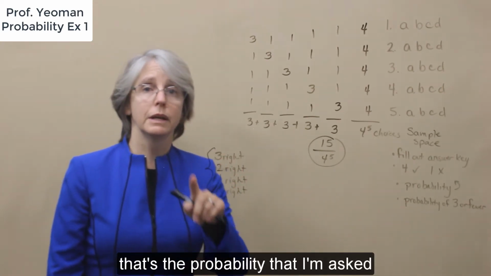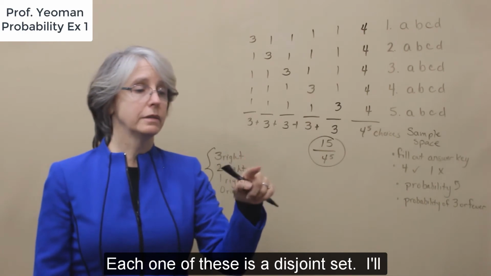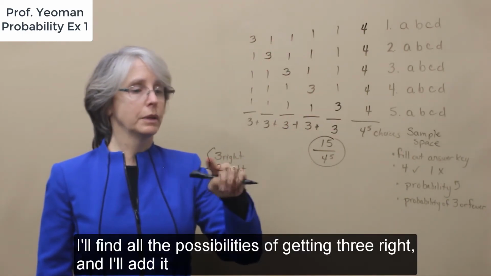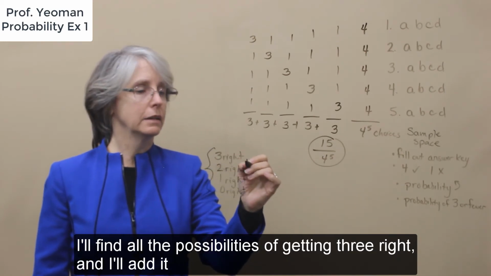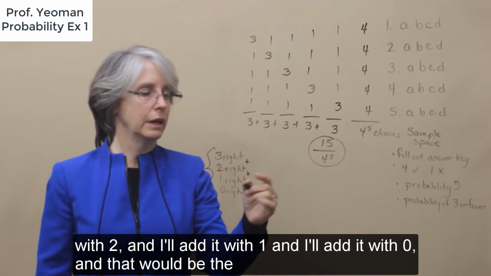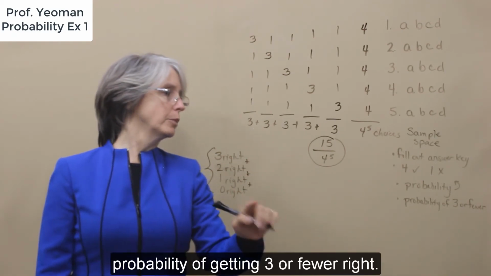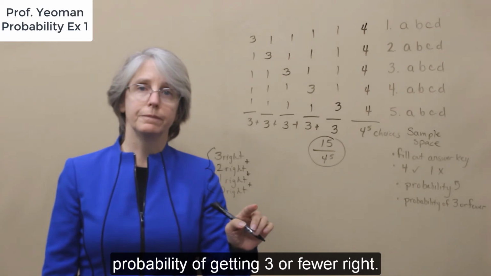That's the probability that I'm asked for. Each one of these is a disjoint set. I'll find all the possibilities of getting 3 right, and I'll add it with 2, and I'll add it with 1, and I'll add it with 0. And that would be the probability of getting 3 or fewer correct.